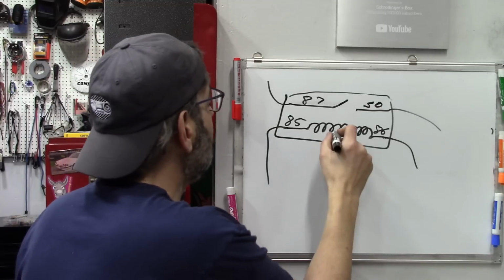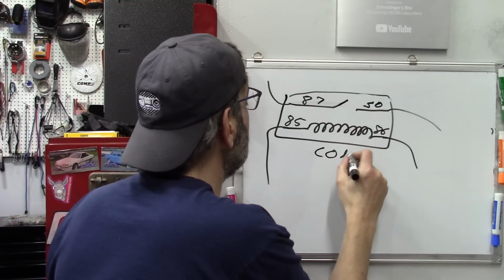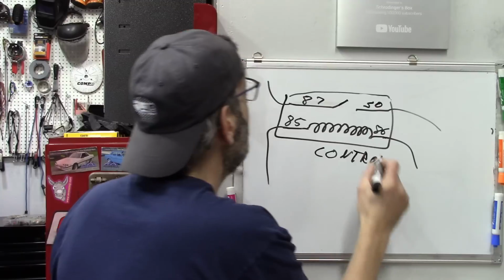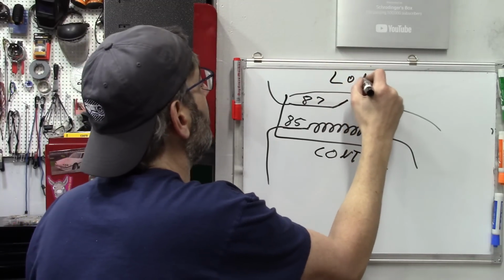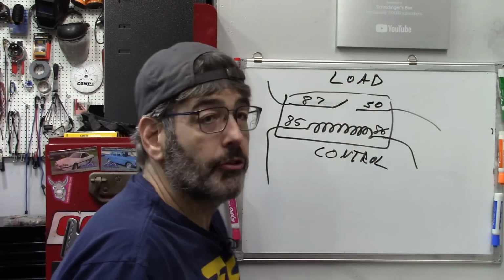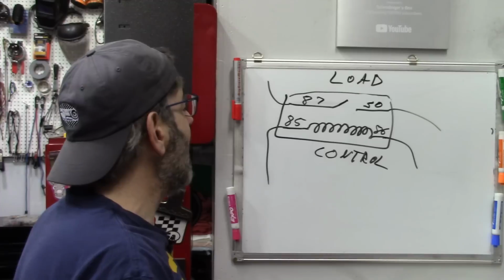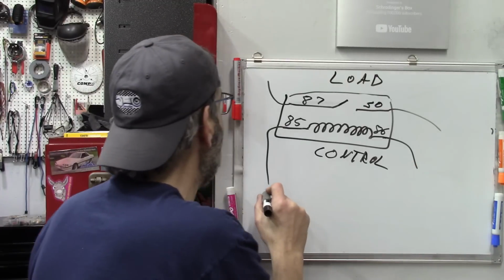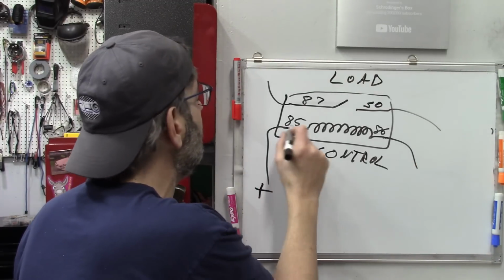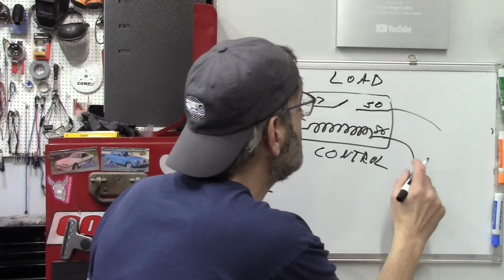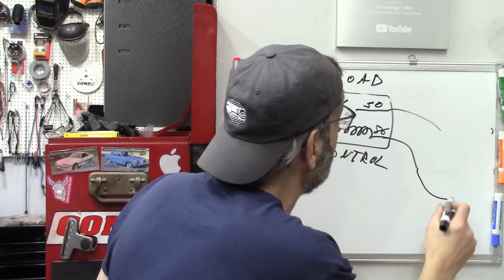All right, this side of the relay here is the control side. This side of the relay here is the load side. On your typical relays, you will have a positive feed into the relay, and generally you get a ground side control.